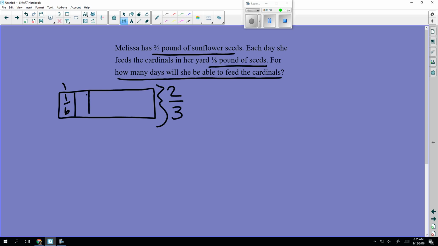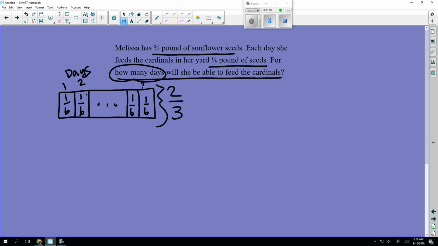And then on day 2 she feeds 1/6 of a pound. But we want to know how many days, right? We know this is 1/6, we know this is 1/6, but we don't know how many days it is. So our question mark goes up here because we're trying to find days, right? These are our days. And it says how many days will she be able to feed the cardinals if this is how much birdseed she has.